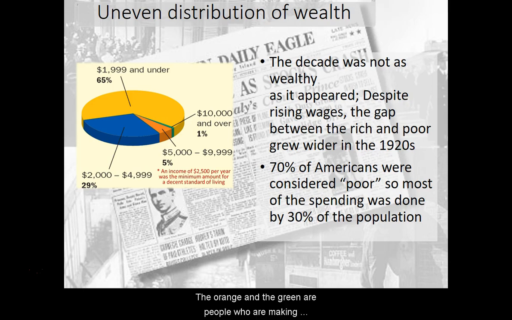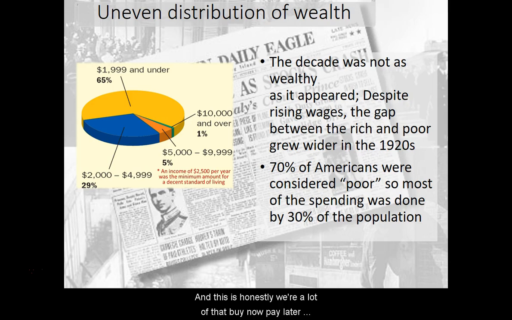The orange and the green are people who are making between $5,000 and $10,000 or more. That's 30% of the population. 30% of the population is doing the majority of the spending because so few people are actually living where they can be comfortable.